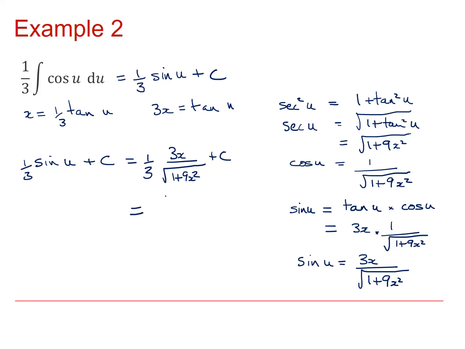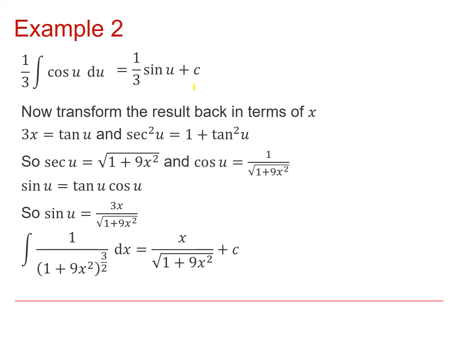And so that just gives me x over root 1 plus 9x squared plus c. Okay, there's my working. There's the integral. As I said, that was the easy part. Here's the working through to work out what cos u and therefore what sine u is. And so we can get our final result.